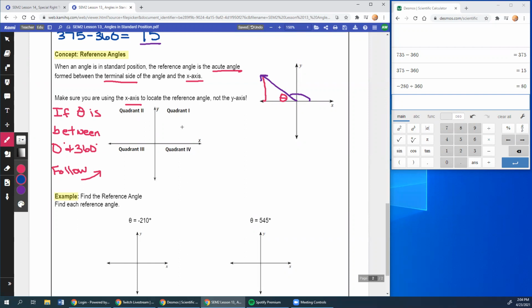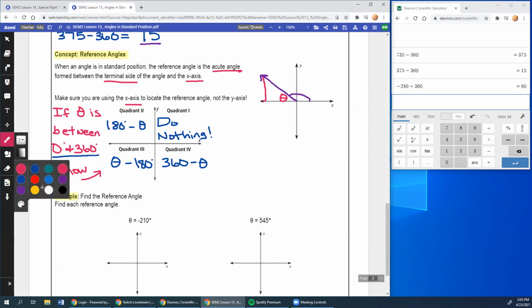If your angle lands in quadrant 1, you will do nothing. Your angle is also your reference angle. If it lands in quadrant 2, you are going to do 180 degrees minus your angle. If it lands in quadrant 3, you are going to do your angle minus 180 degrees. And then quadrant 4 is going to be 360 minus your angle. But again, this is only if your angle is already between 0 and 360 degrees.